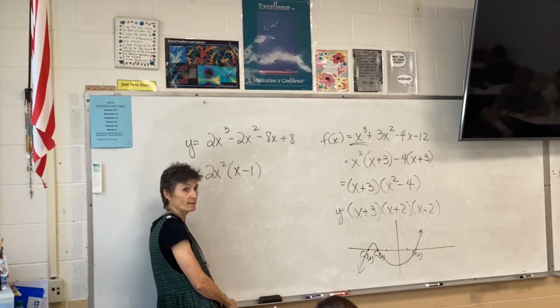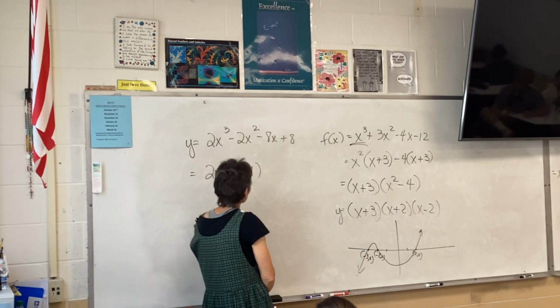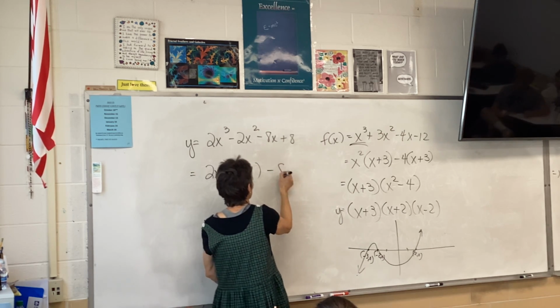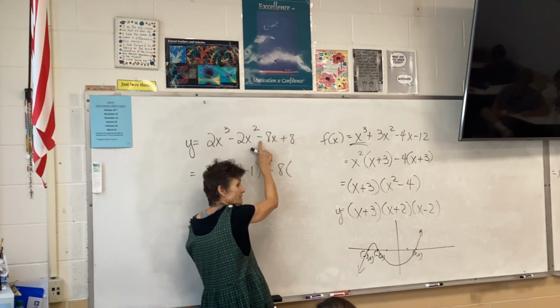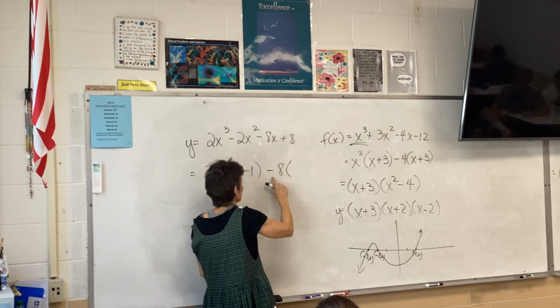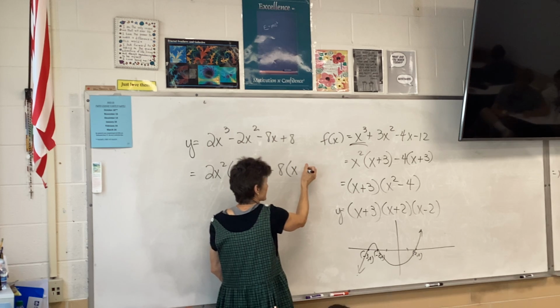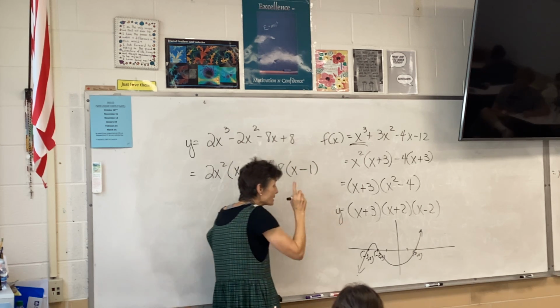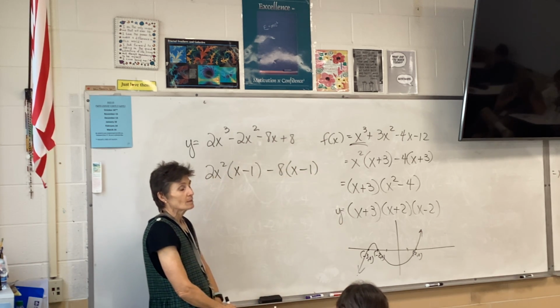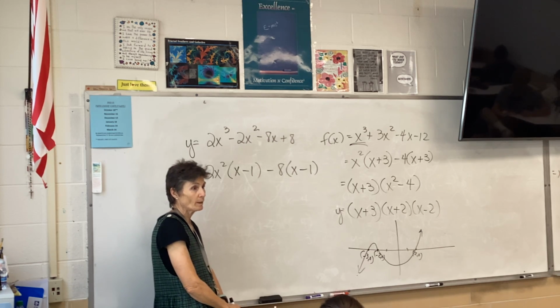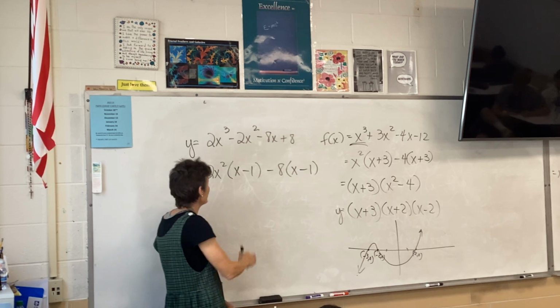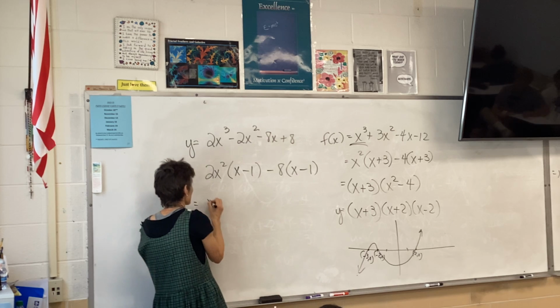Everybody doing that okay? All right, what can we take out of the last two? Negative 8. Like I said, I would always take that negative out. So we're taking out negative 8, which leaves us with x minus 1. Thank goodness, because now they match.